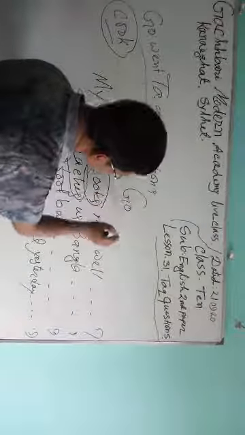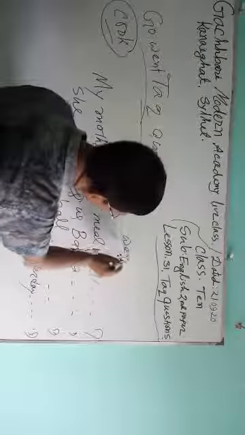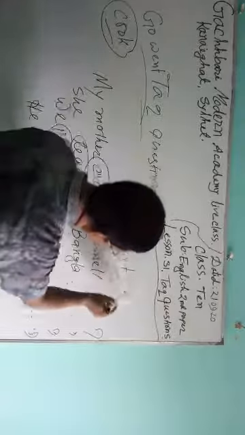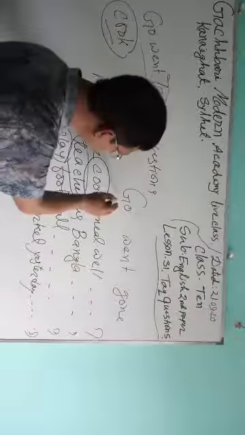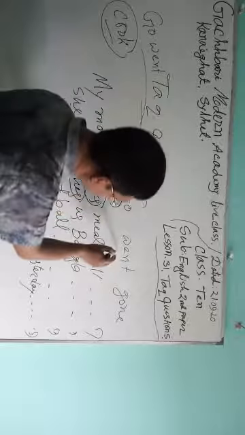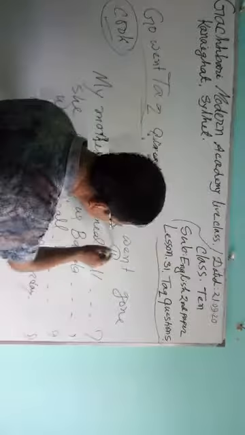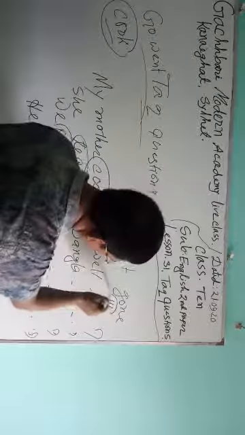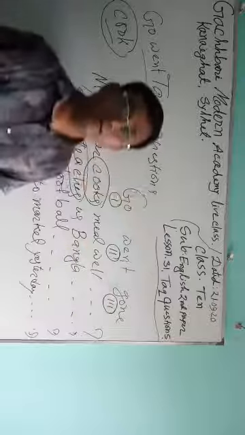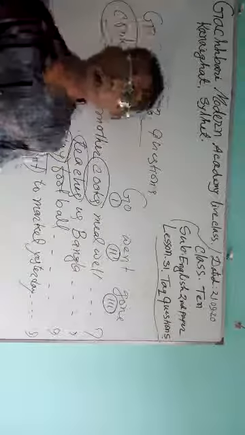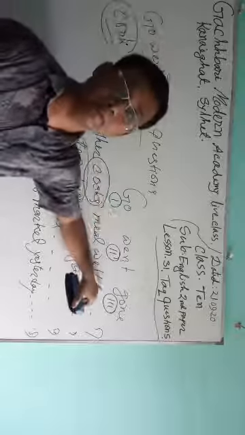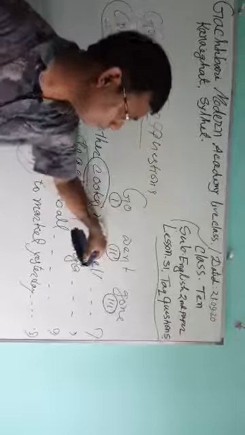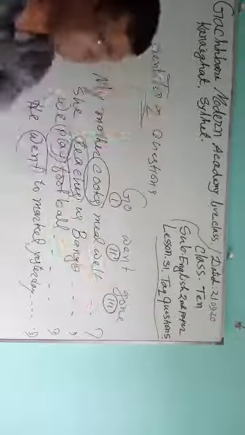Go, went, and gone. I indicate this verb 1, and this verb 2, and this verb 3. Now you have an idea about verb 1, verb 2, and verb 3.